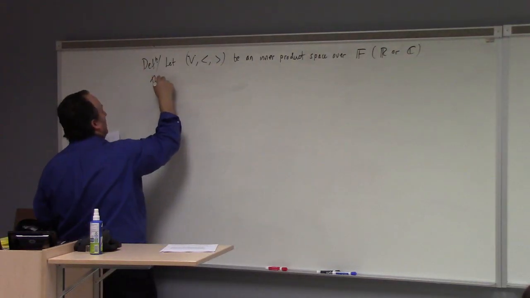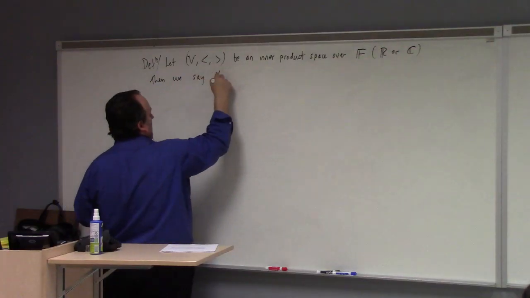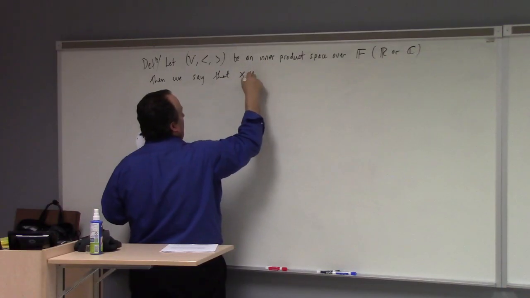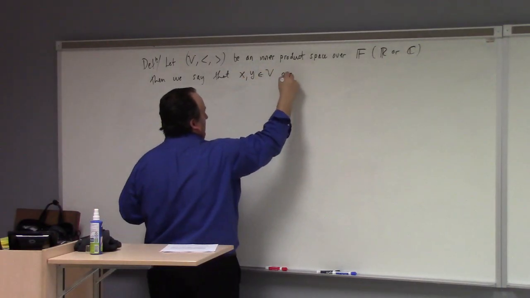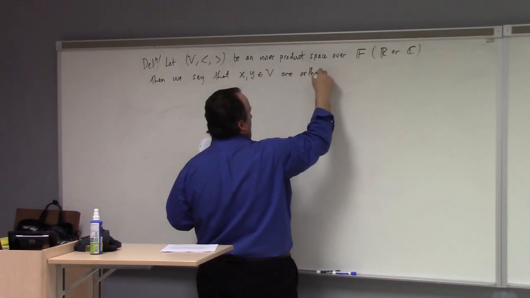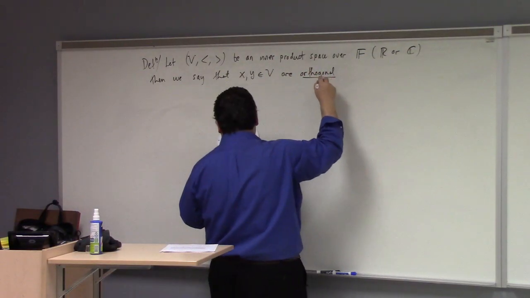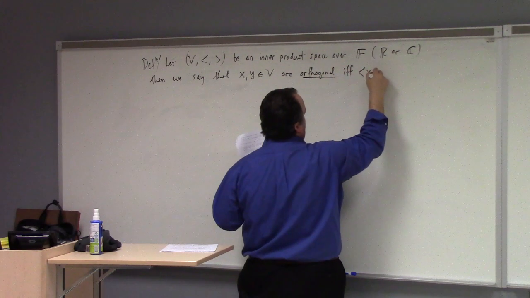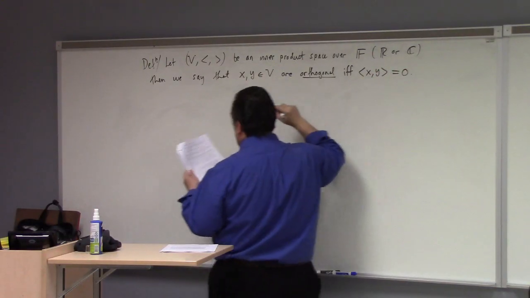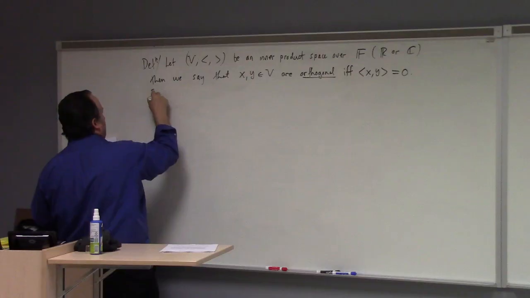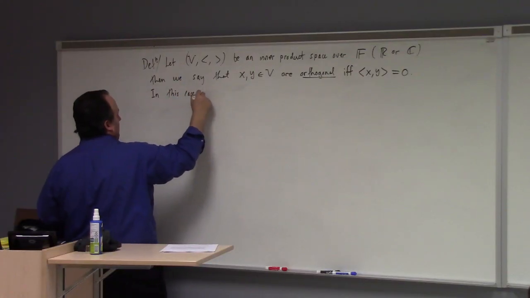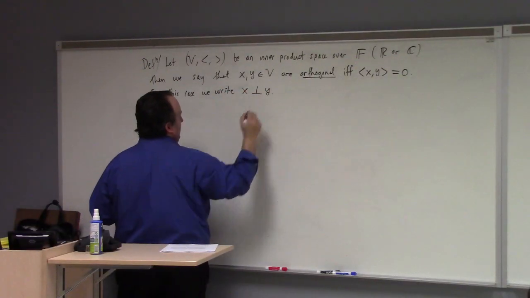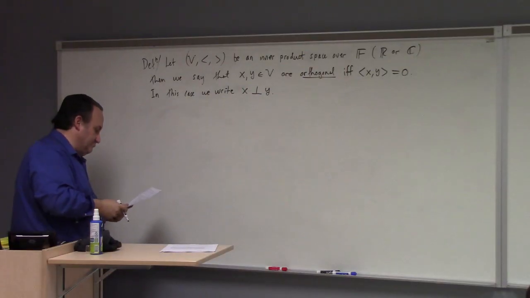Then we say that X and Y in V are orthogonal, all right, if and only if the inner product of X and Y is equal to 0. We write, in this case, X perpendicular to Y, all right? So we'll also call X and Y perpendicular.